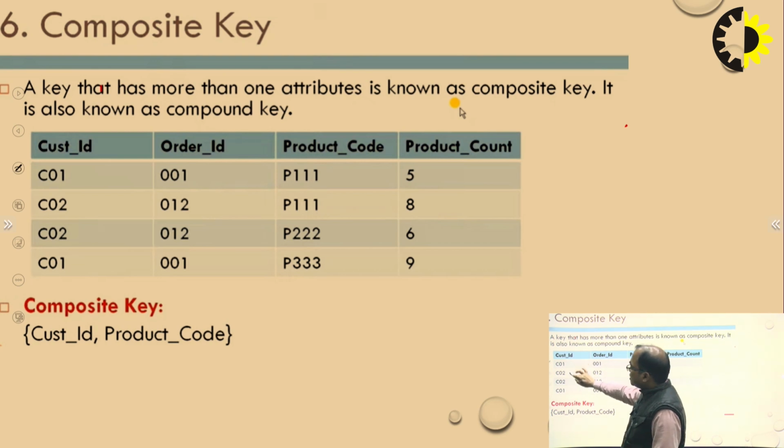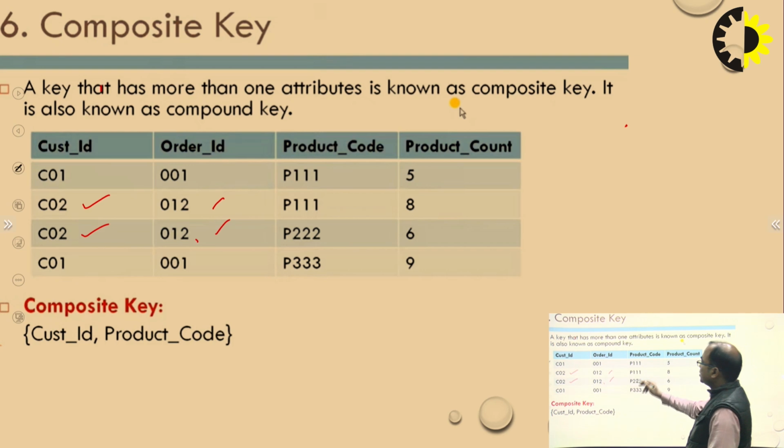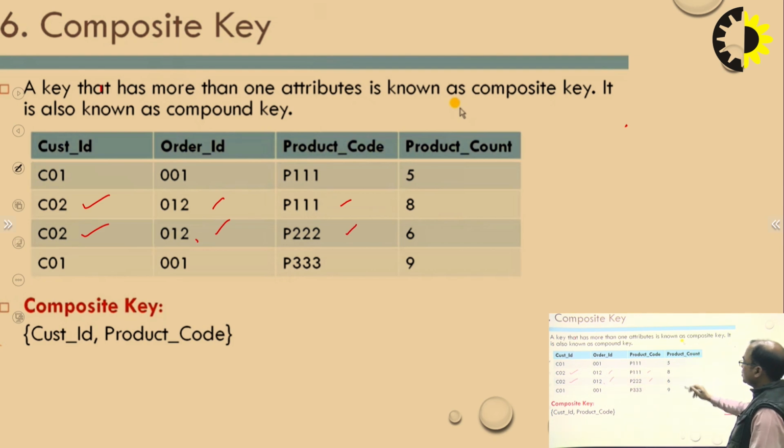Because C02 means the same customer here, and they can order more than one item. The order ID is also not unique. Next, product code may be different for the same customer. Product count may be the same for all customers.